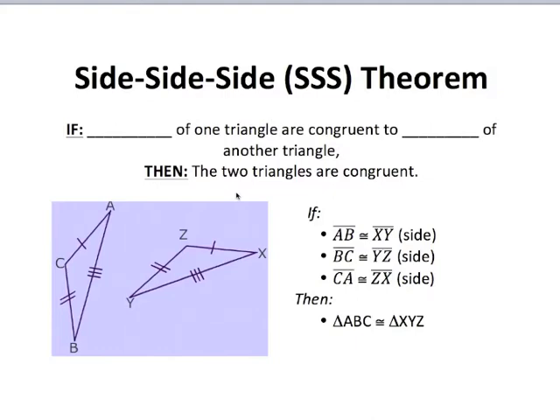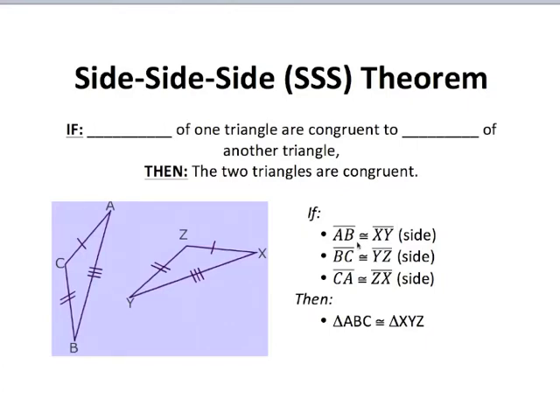Our first theorem is the side-side-side theorem. And that states that if 3 sides of one triangle are congruent to 3 sides of another triangle, then those two triangles are congruent. So if you look at our picture, we can see that if segment AB is congruent to segment XY, which we see that they are because they both have 3 tick marks.